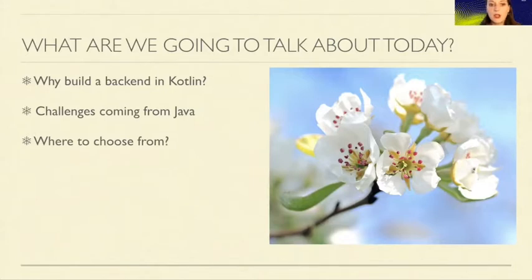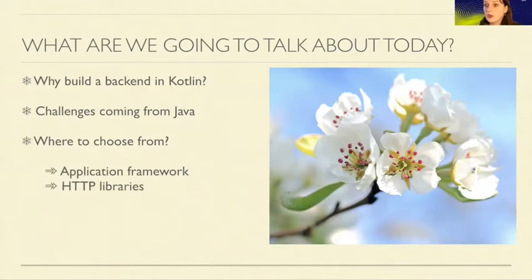And where to choose from, actually? You can integrate Kotlin right away into your Java applications, but Kotlin is not only a language, it's an ecosystem as well. So there's a lot to choose from in the Kotlin ecosystem. Think of your application framework, for instance. Do you want to go for the industry standard Spring, which is also hopping along with the Kotlin train, or do you want to use another one?